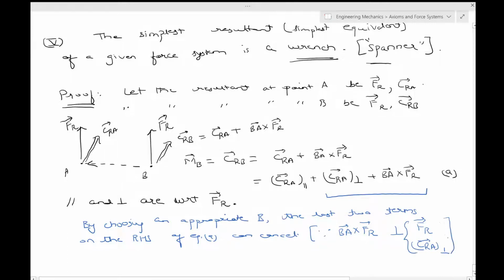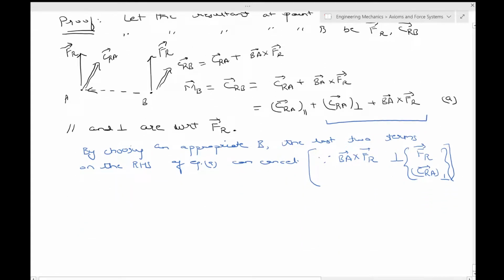So the direction is exactly the same for BA cross FR. Therefore, it should be easy to find an appropriate B so that the magnitudes get cancelled.